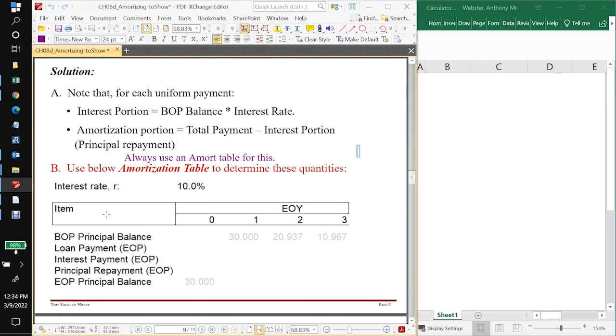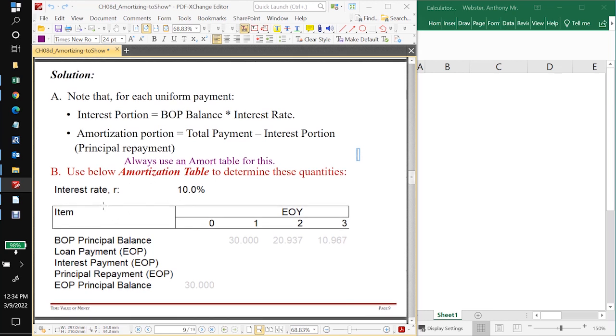The way the rest of the table works is the first column lists the important items for the loan. Those are the beginning of period principal balance, and the loan payment made in that period. We're going to assume that all of these are made at the end of the period, so we're not doing this for annuities due or for leases, but for mortgages or financial annuities.